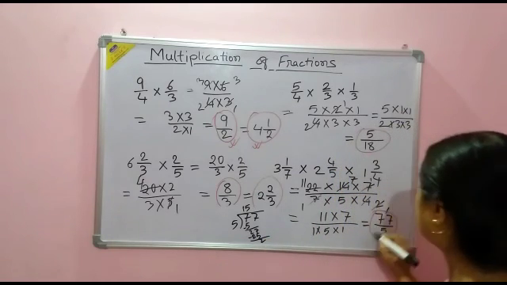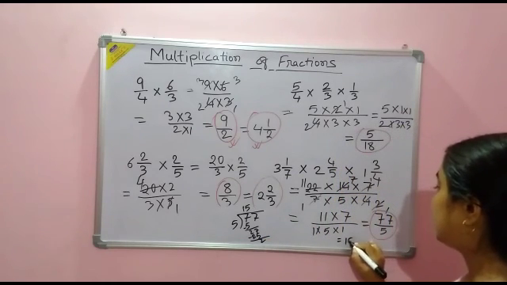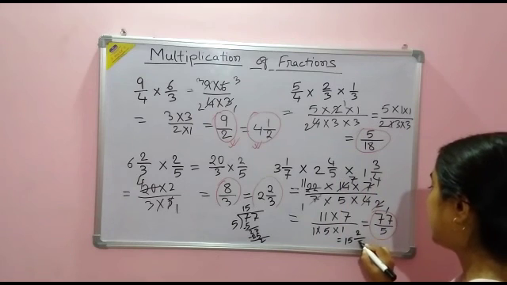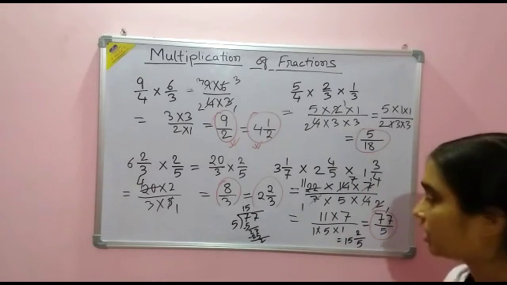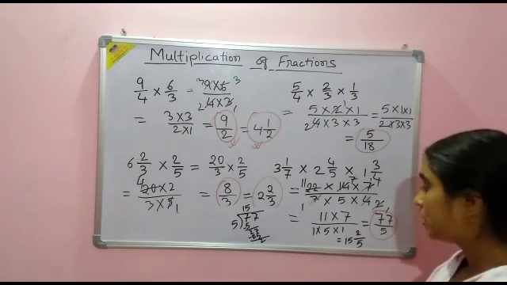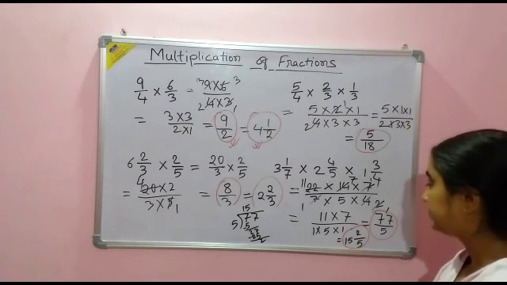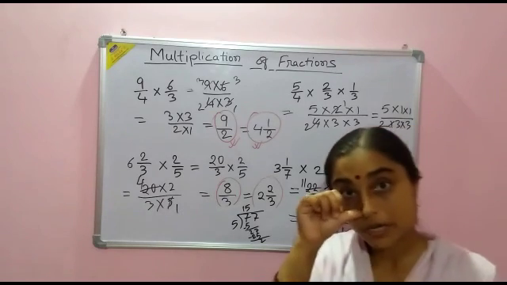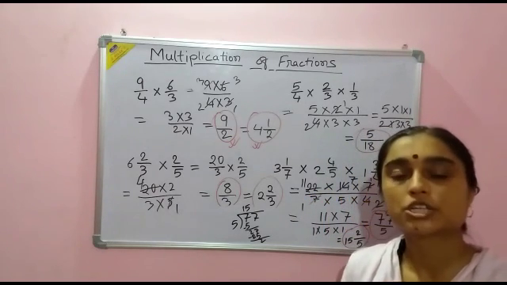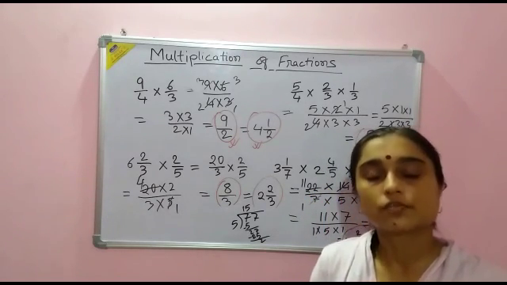So what we get is 15 whole number 2 by 5. Understood? So our answer is 15 whole number 2 by 5. Understood? Similarly, we can do all the multiplication of fractions. It is very easy.